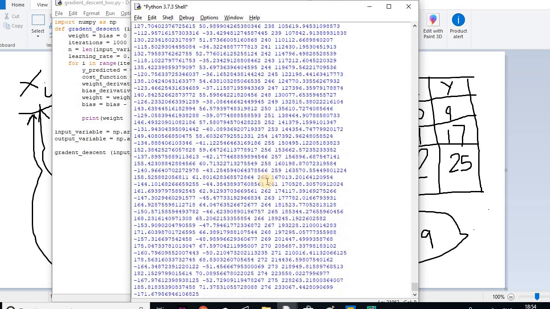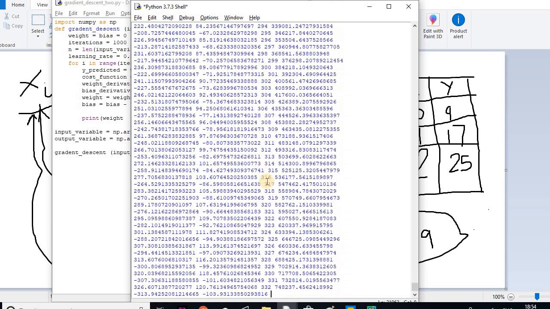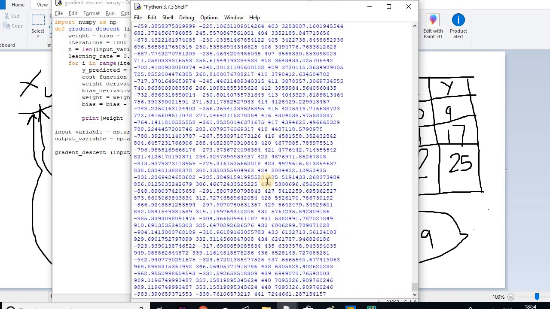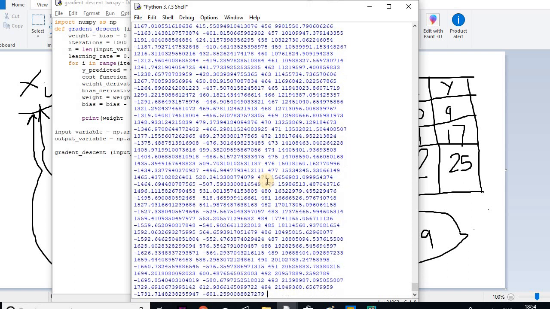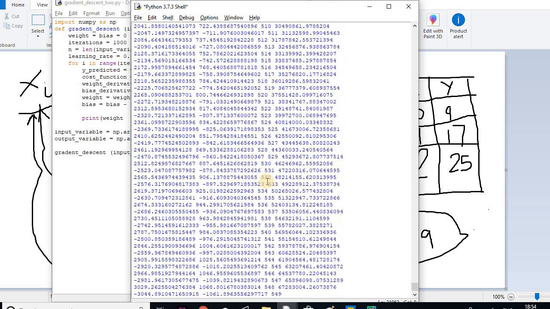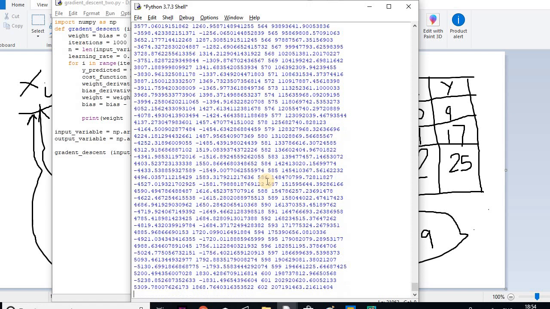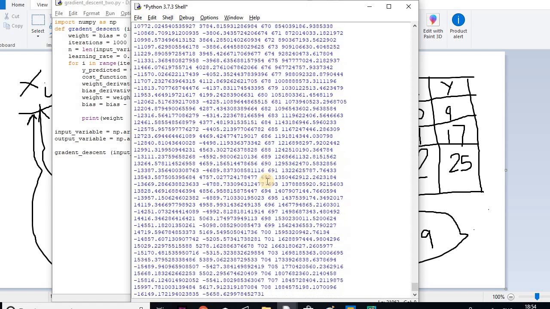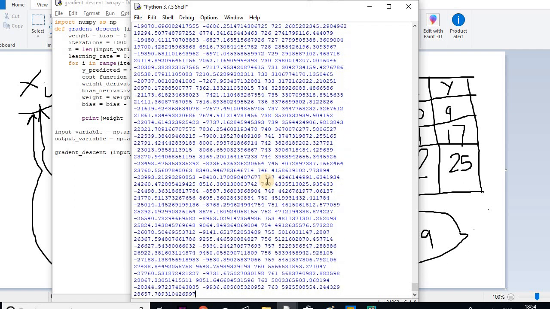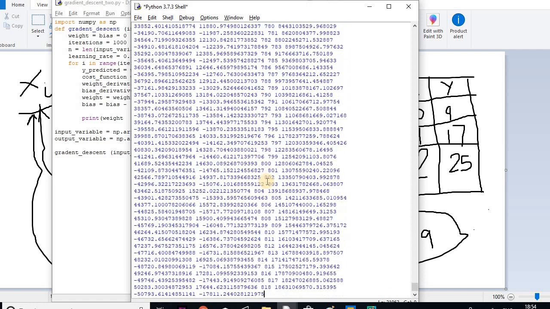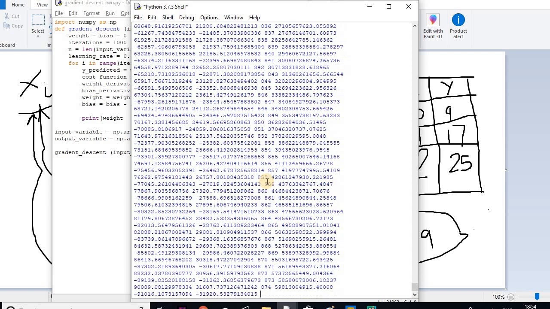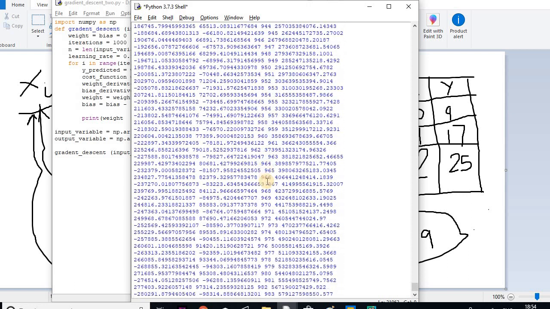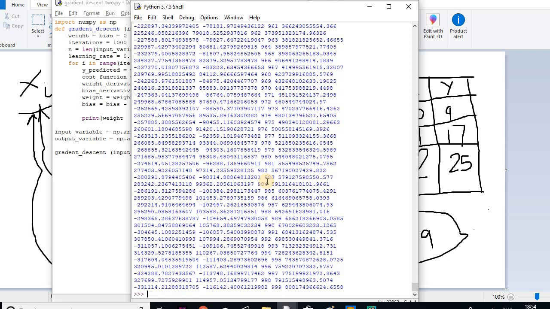Is it decreasing or increasing? We need to see it. Let's wait and see how the cost function goes, whether it is increasing or decreasing.